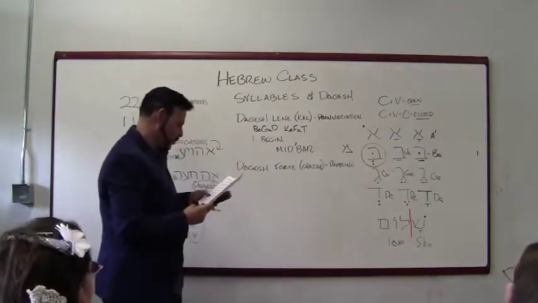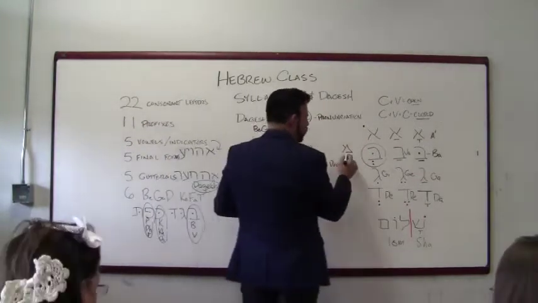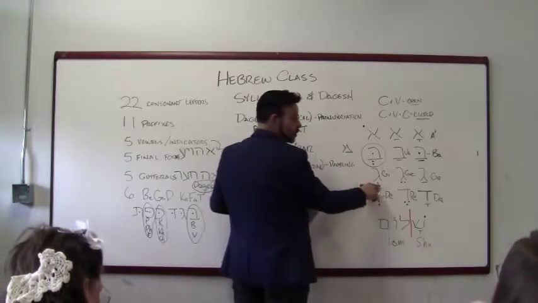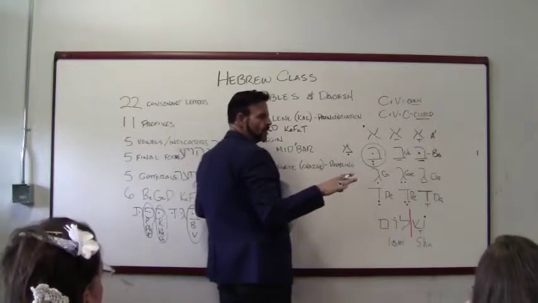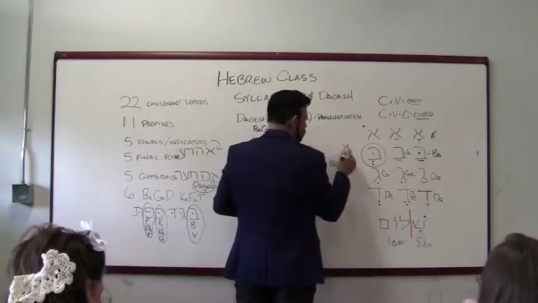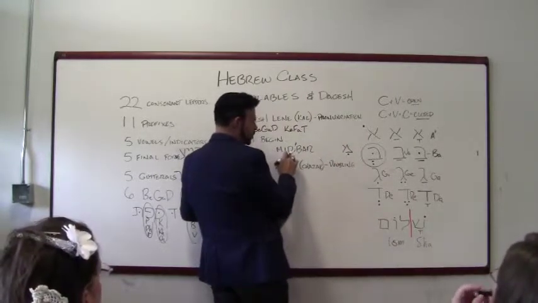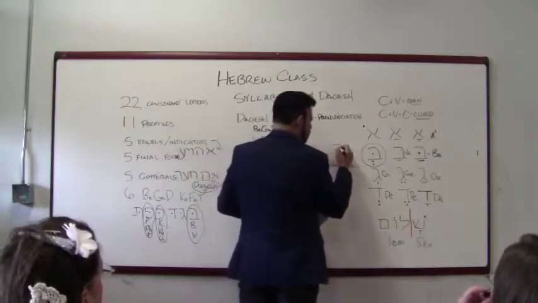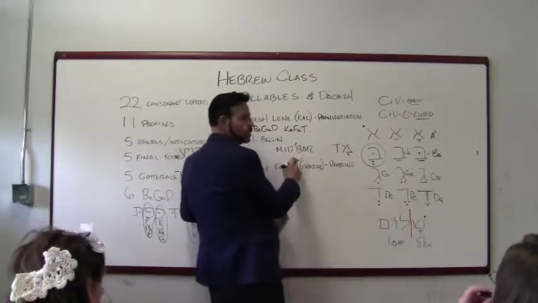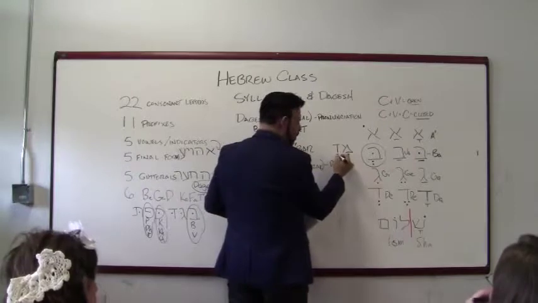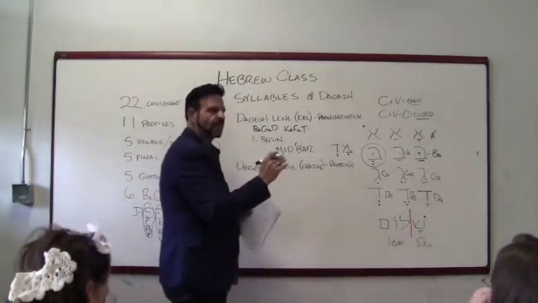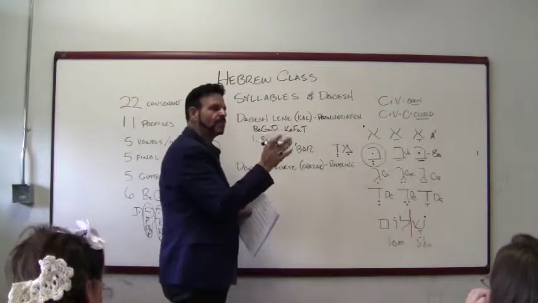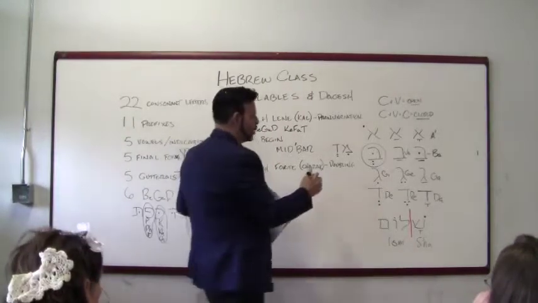And what would be the vowel for an I? In this case, we don't have the hirik yud. We have a medium length vowel. So mid. What am I going to do for the D? Dalet. How am I going to come to a glottal stop here? Sheva. Okay. And this would be a silent sheva. It's coming to a glottal stop. Mid. It's not sounded as midday. It's midbar. Okay?